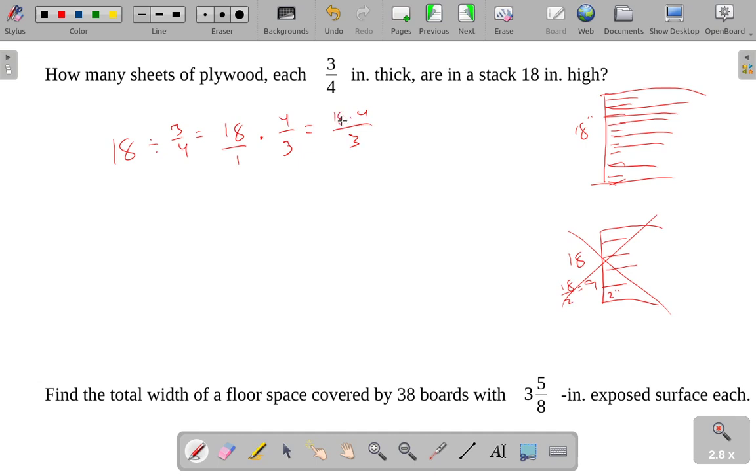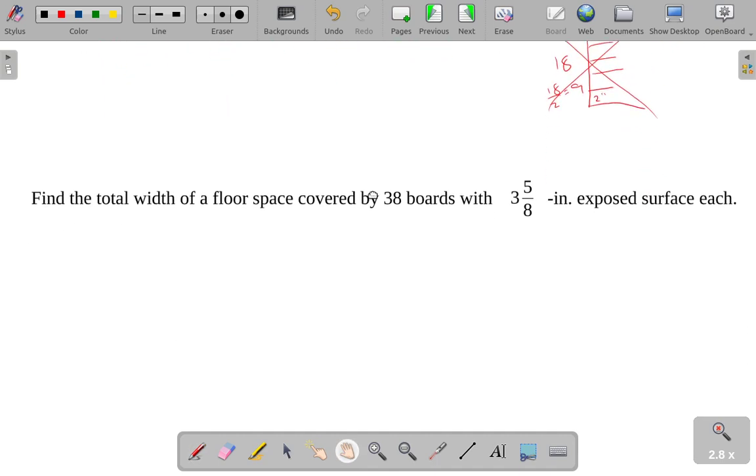I'm doing this because I'm seeing that there's a common factor of 3 that I can cancel here, giving me a 6 and a 1. And this gives me 24. So if I had 24 boards of 3/4 inch plywood, this stack would be 18 inches high. So there are 24 sheets of plywood.